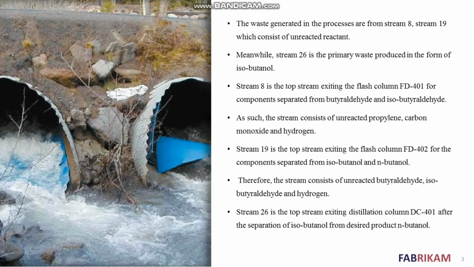Stream 19 is the top stream exiting the flash column FD402 for the components separated from isobutanol and N-Butanol. Therefore, the stream consists of unreacted butyraldehyde, isobutyraldehyde and hydrogen. Stream 26 is the top stream exiting distillation column BC401 after the separation of isobutanol from the desired product N-Butanol.